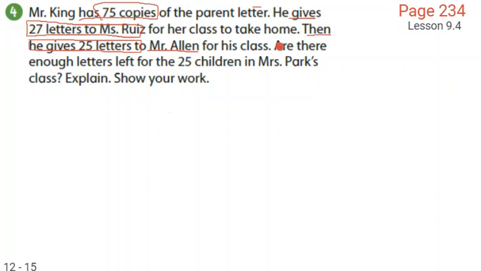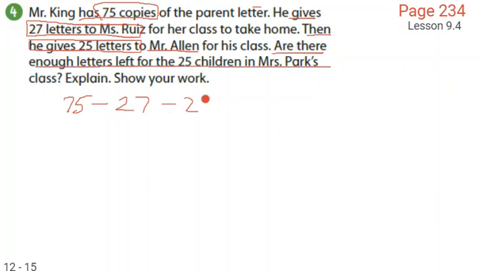Let's take a look at this. He starts with 75. He gives 27 away, so 75 minus 27. And then he gives 25 to Mr. Allen, so he's going to subtract 25 more, and that's going to equal an unknown.